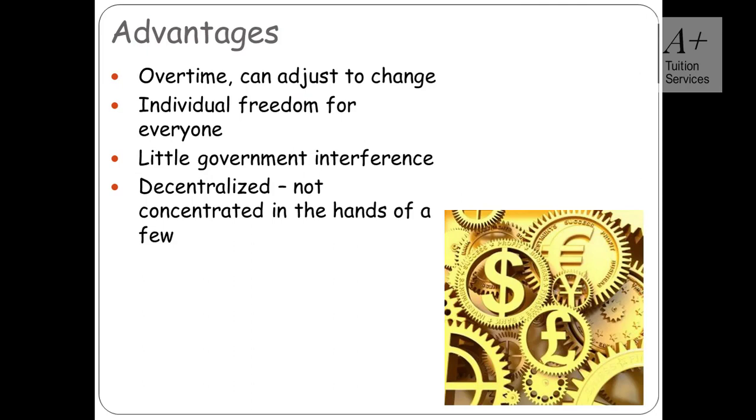It is decentralized and not concentrated in the hands of a few. Let me just talk about the centrally planned economy. It is not centralized to the government only. We have other players in the economy having some form of say, such as private investors. There's a variety of goods and services now. So there's no restriction to what we could produce and when we could produce and how to produce it.